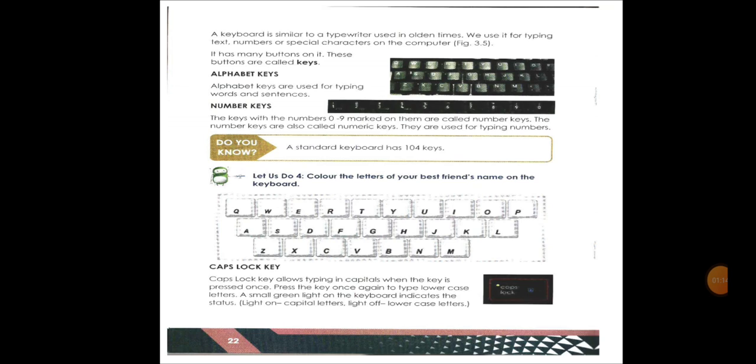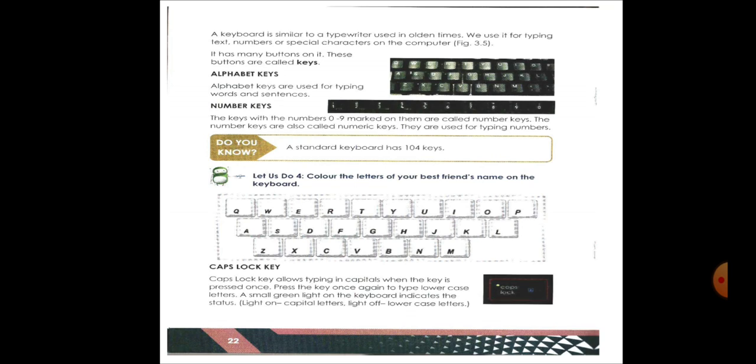Second group of keys are number keys. The number keys appear on the second row of the keyboard. When we press these keys, the numbers appear on the screen. There are 104 keys present on the standard keyboard.